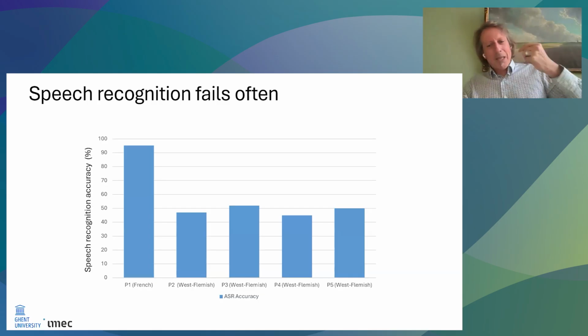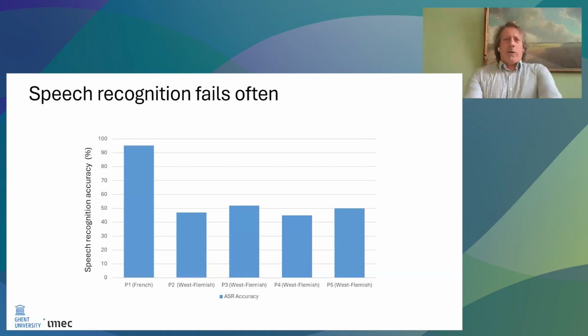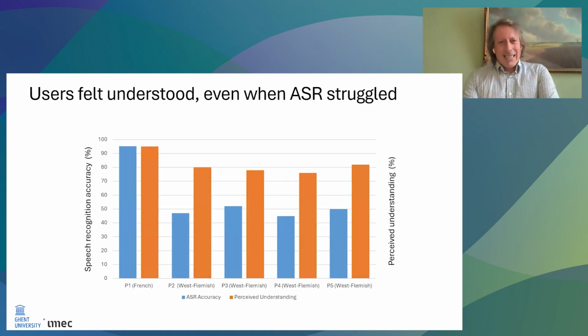But if we ask people what they make of the robot, they always say that the robot is doing okay, and they report that the robot seems to understand them better than we would think from the performance of the speech recognition. So what is going on there? Well, it's again the large language model that comes to the rescue.